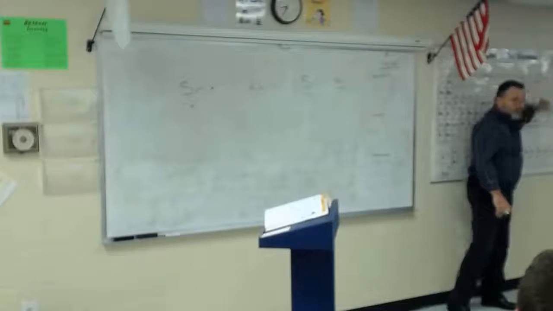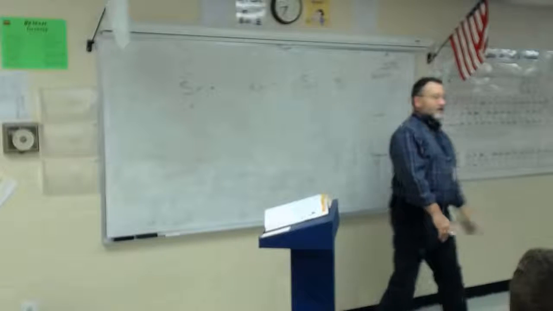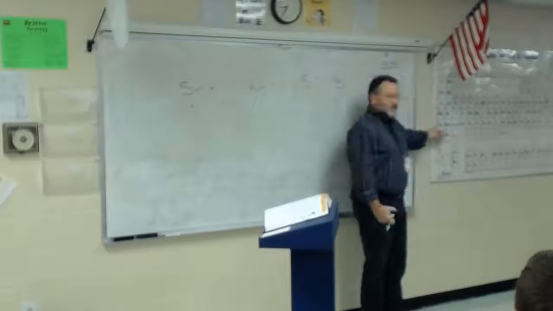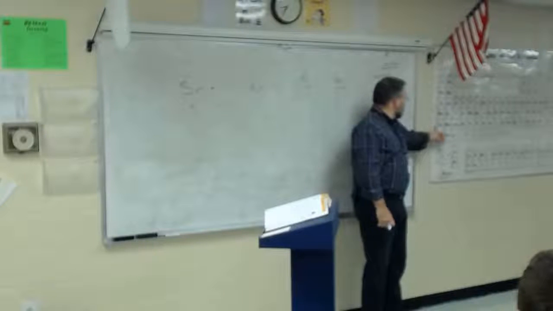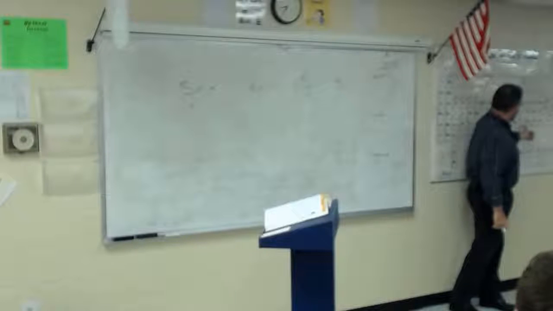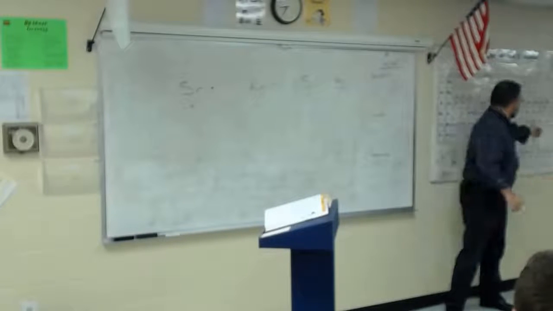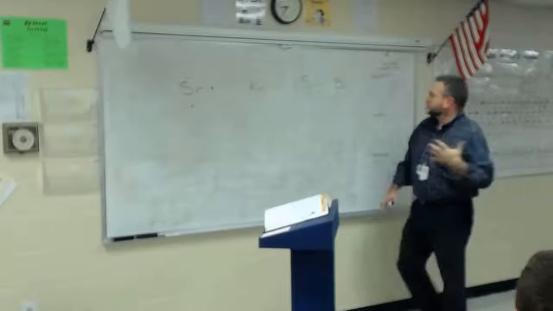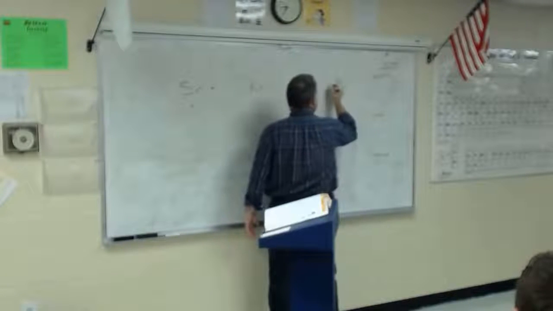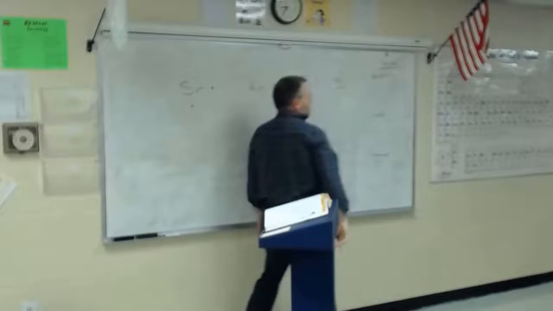Okay, so it is in the 5th column, so 5 valence electrons. What addresses do they occupy? They're going to be in the 6th energy level because it's in the 6th row. S1 and 2. P, 1, 2, and 3. For a total of 5. 1, 2, 3, 4, and 5.